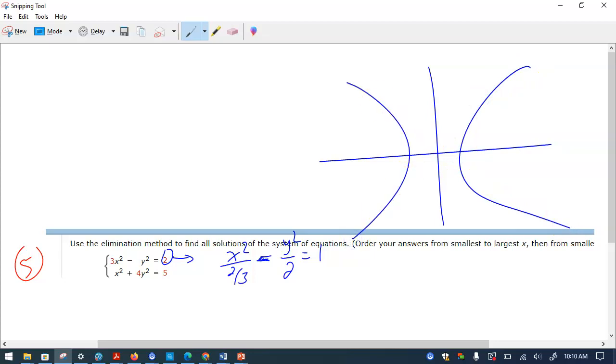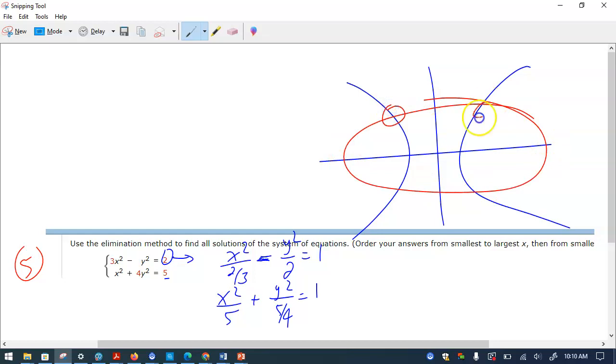But the second one, if I divide by 5, it becomes x squared over 5 plus y squared over 5/4 equals 1. And that is going to be the ellipse like this. So the question is, where are these 4 points, the points of intersection of a hyperbola and the ellipse.